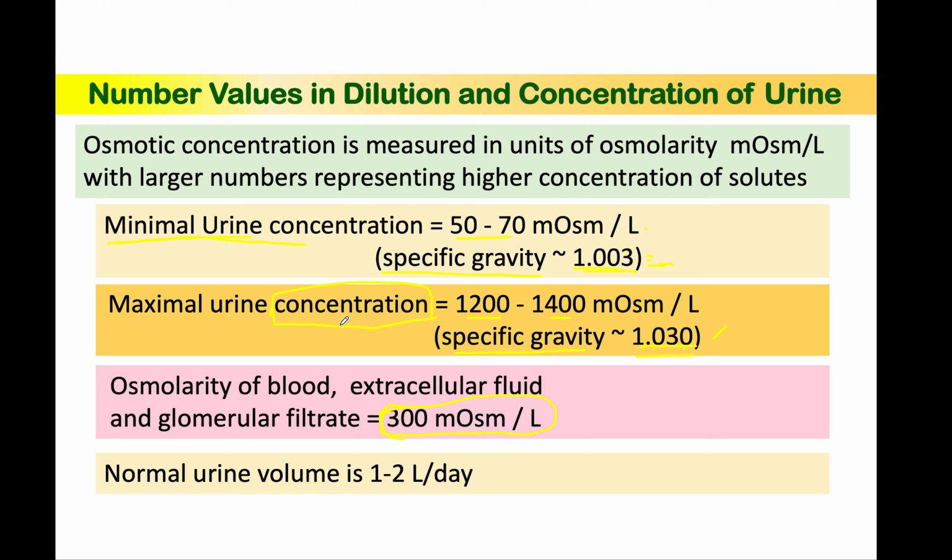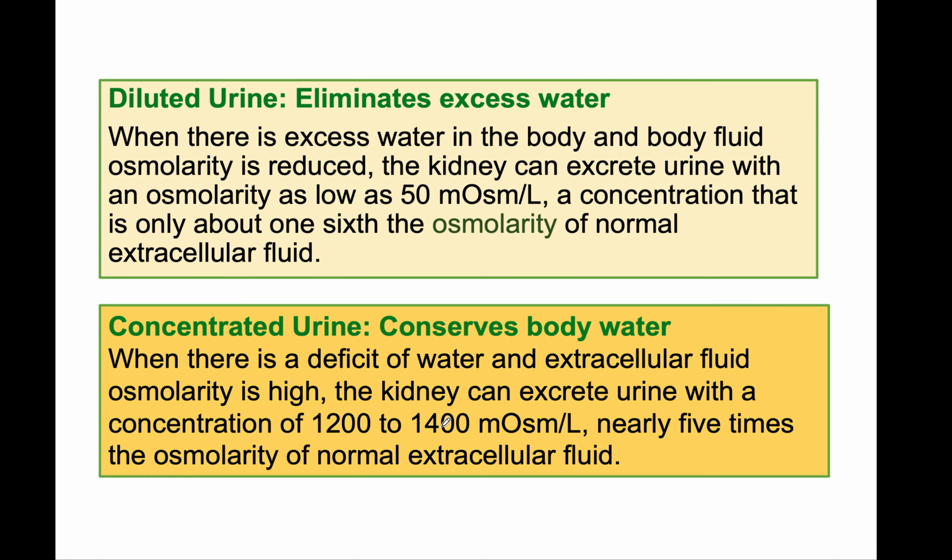However, that reabsorbed water will go back into the blood and keep the blood osmolarity at 300 milliosmol per liter. And that happens throughout the day just to keep the osmolarity of blood and the volume of blood and extracellular fluid constant within certain limits.